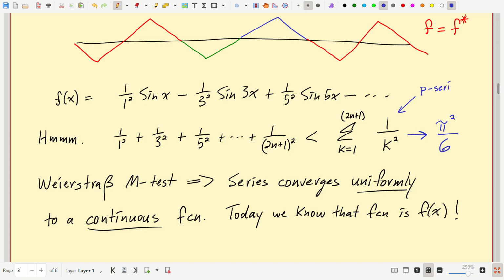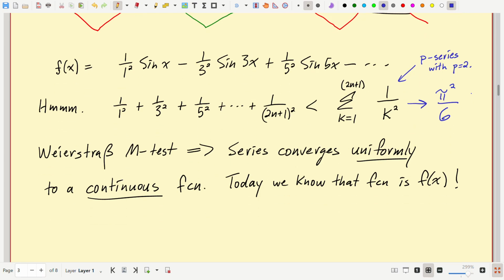The p equal 1 case is a famous sum that diverges. P equal 2 is a good one. And if all you want to know is that it's finite, the integral test tells you that's finite.